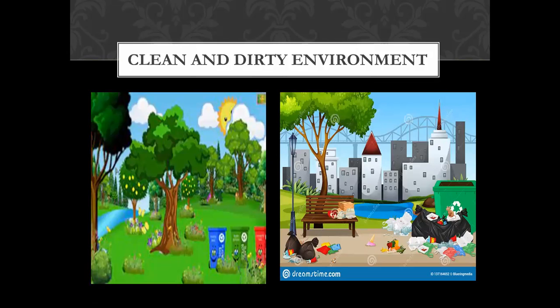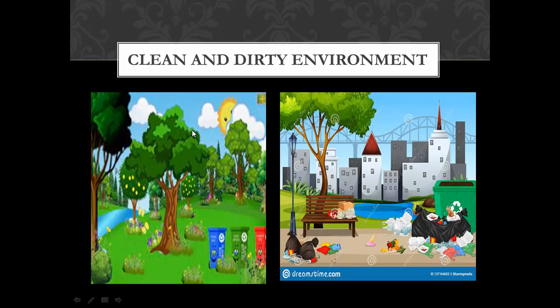Clean and dirty environment. You can see here we have 2 pictures of different environments. See the first picture carefully, boys. It is a very clean environment in which there is no garbage.